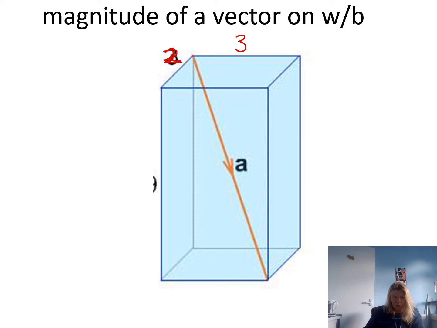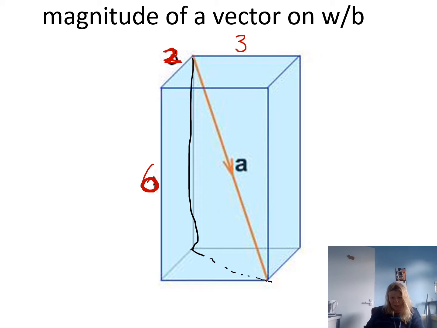I'll show you. 2, and the other one was 6. So we just pretend it was this. Then what we're trying to find here is this vector A from here to here. What we need for that is, we should do it in a different colour, we need that length, and that length.